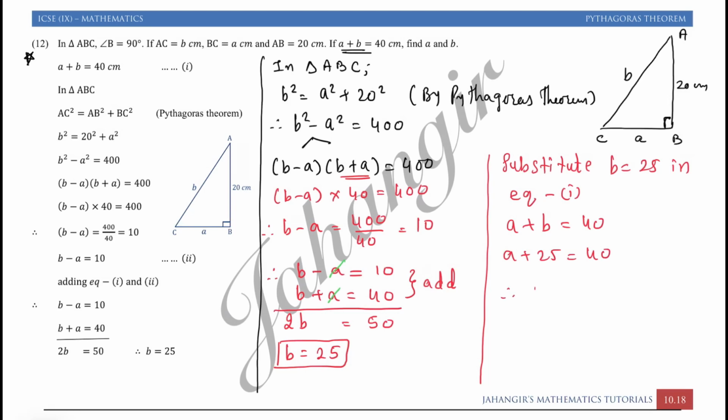So therefore A is equal to 40 minus 25, which is equal to 15. So therefore my final answer will be A equal to 15 centimeter and B is equal to 25 centimeter. We got answer.